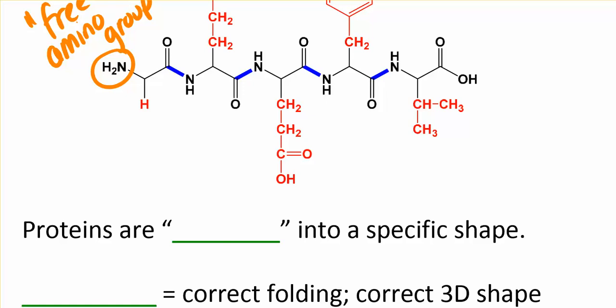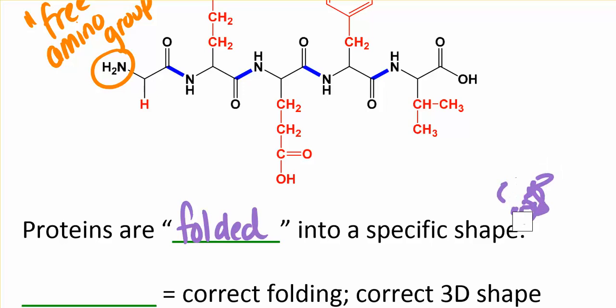Okay, we know that proteins don't just stay in a long chain. Even the ones that end up kind of stretched out will be folded in a very specific way. So we say they're folded, because we don't want to make it sound like they just get wadded up into a big glob, even though they kind of look that way sometimes.